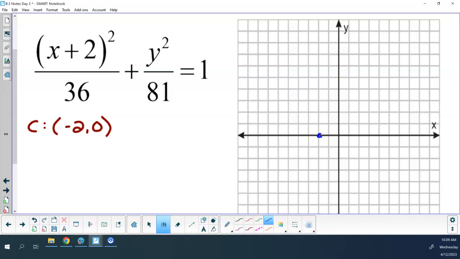So I just put a little C on my graph for my center. Step 2. What's our A value? A value is just 6. A squared is 36. So that means from that point, I'm going to go left 6, 2, 4, and 6. Right 6, 2, 4, and 6. I'm going to put dots in.